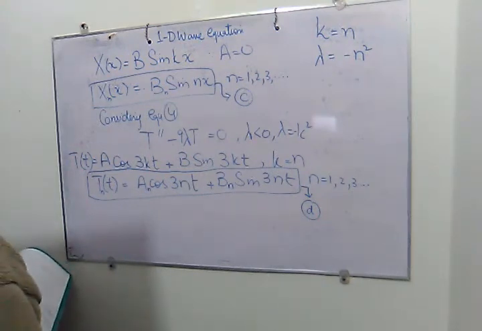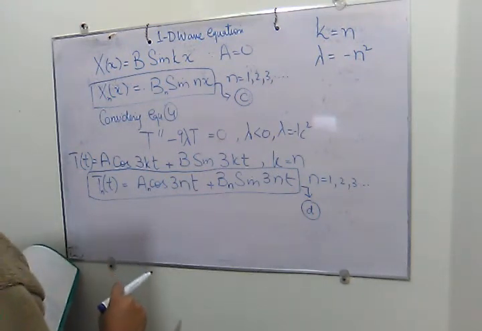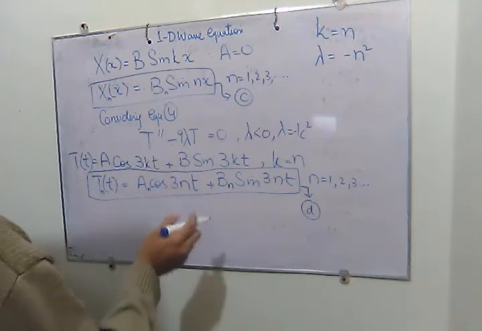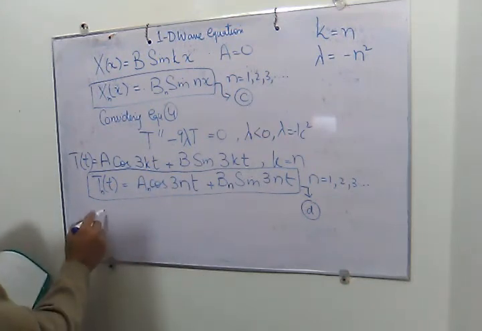We needed these X of x and T of t in order to find the assumed solution, equation number 2. Therefore now we are able to put C and D in equation number 2.